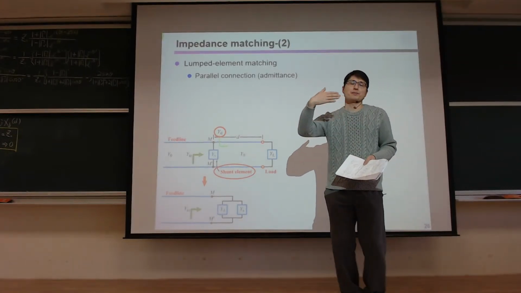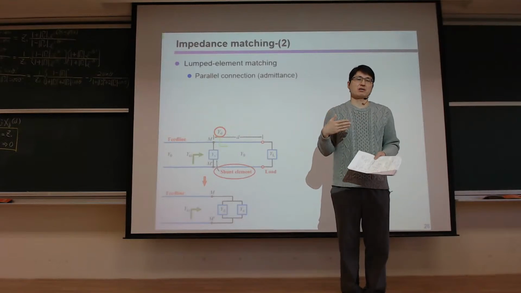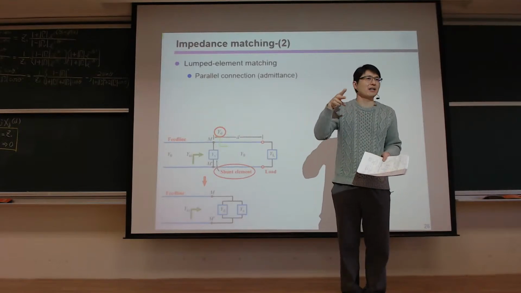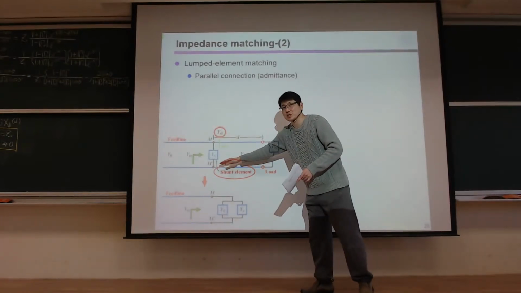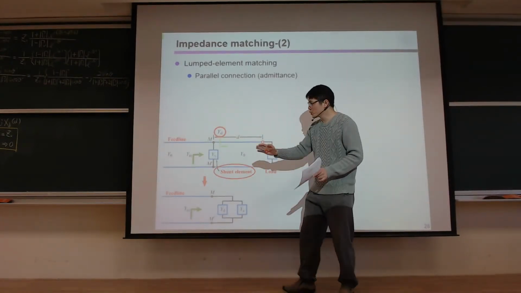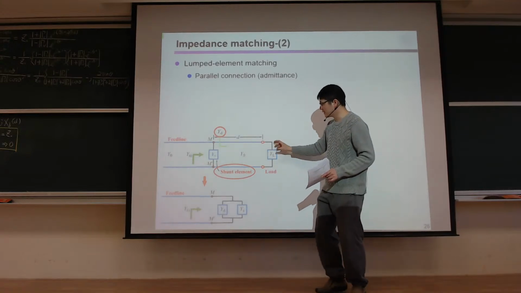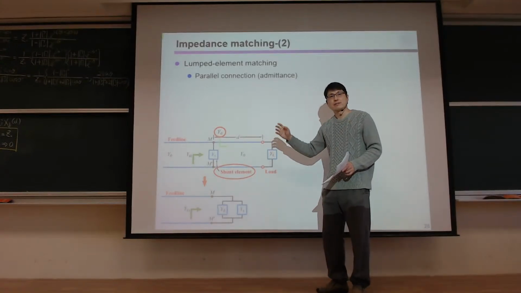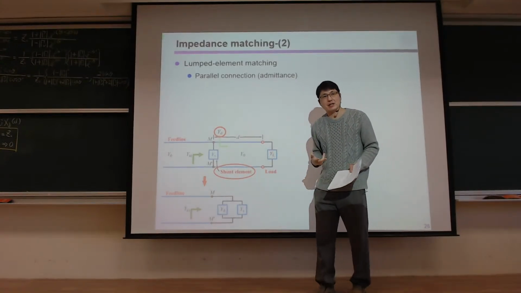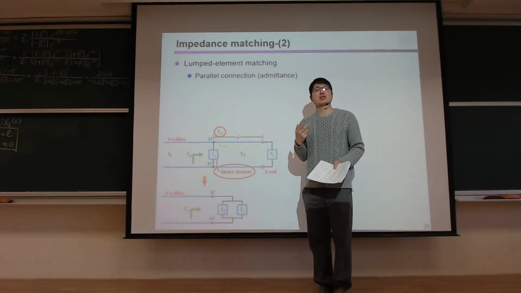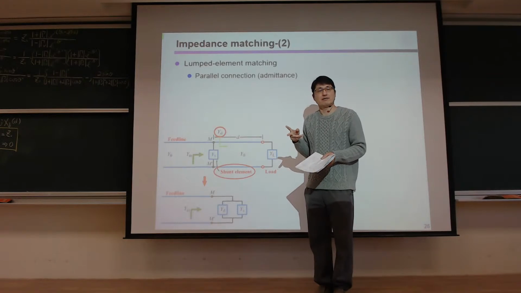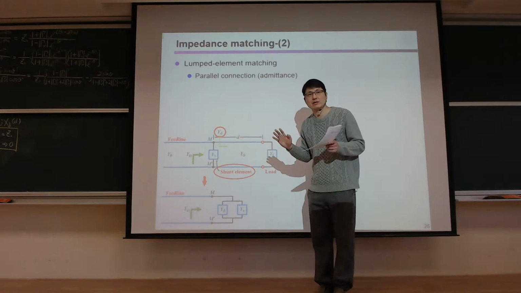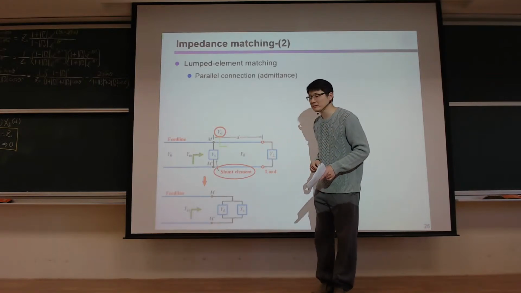The way we want to perform impedance matching is we don't want to cut anything, at least we don't want to cut the transmission line. Assume the transmission line is already connected to the load. Wouldn't it be better if the impedance matching can be performed in a non-destructive way, 非破坏性, we don't harm anything.